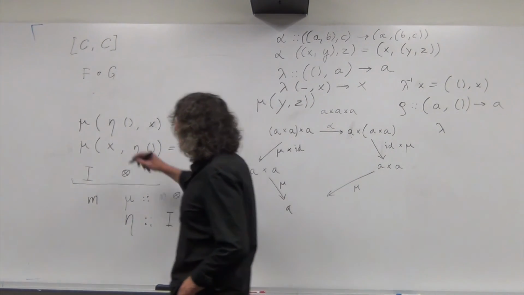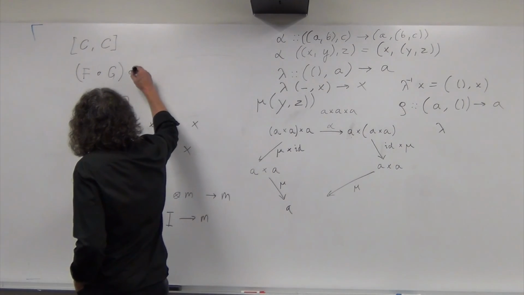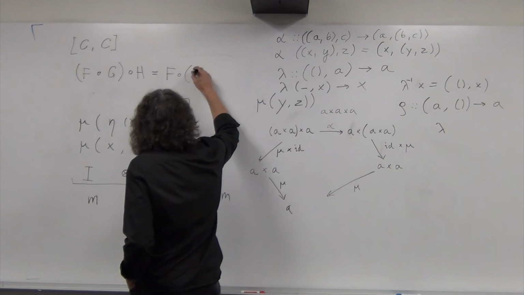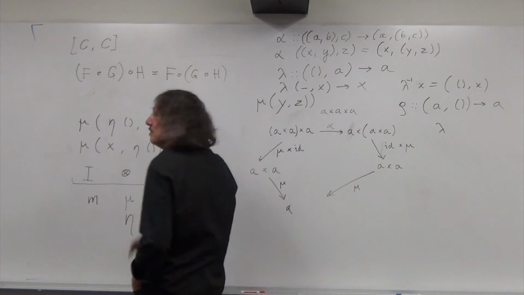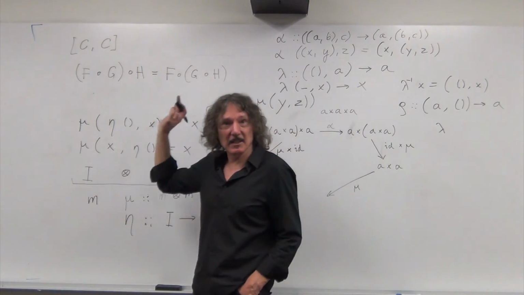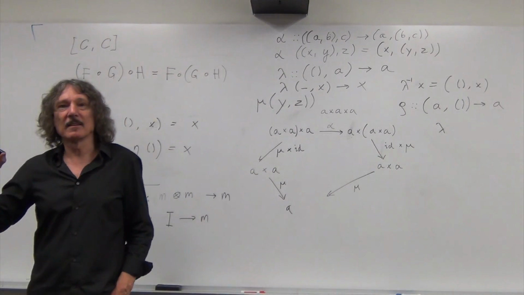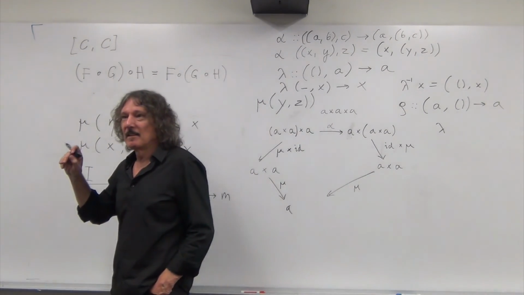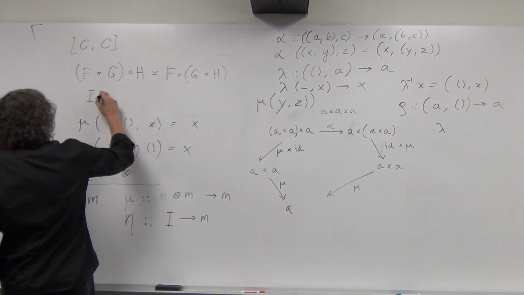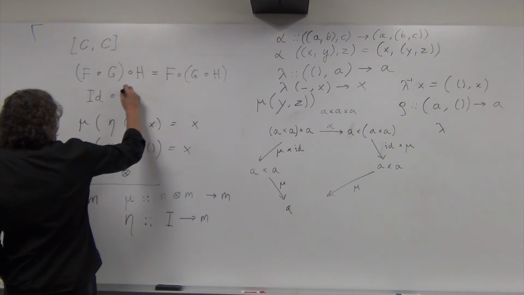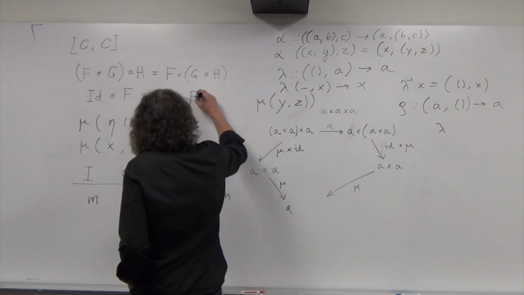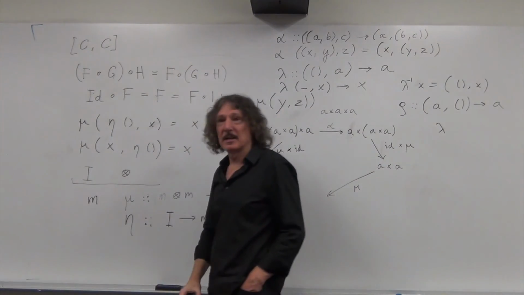It's associative, right? F after G after H is actually strictly equal, with either parenthesization. No associator necessary, it's strictly equal. And what's the unit here? Identity functor, right? Identity functor composed with some f is the same as f, and it's the same with f after the identity functor, right?